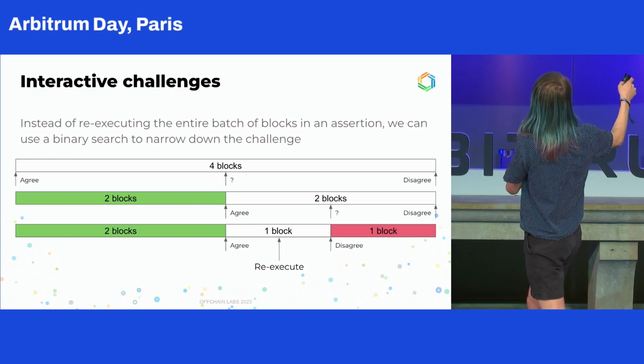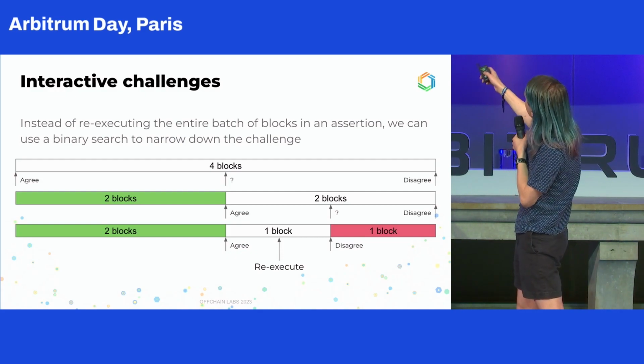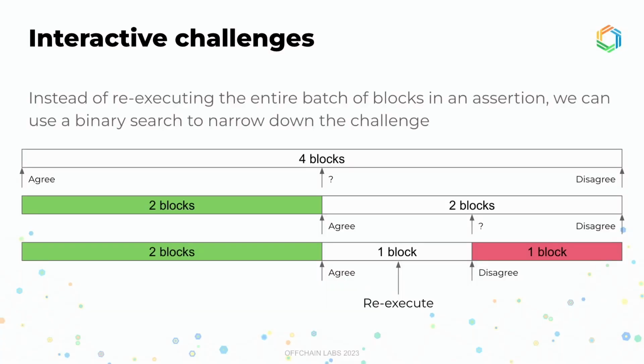Now, instead of becoming a challenge about these second 2 blocks, the challenge becomes about these first 2 blocks. And what that means is the malicious validator could win this challenge because it would have the correct block hash midway through, and the honest validator would have said it disagrees with that. It would have made an incorrect statement midway through the challenge.